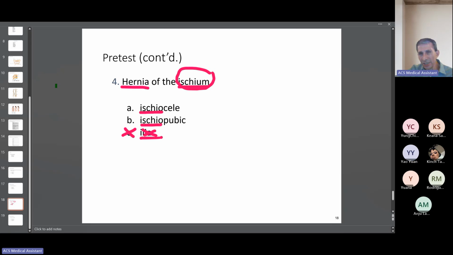But now I said ilium pubic. You know that this is a bone, the pubic bone, the ilium bone, because we already discussed those. So this is not the right answer. Ilioceal means hernia. Ceal means hernia. Ilium means the bone in the hip. So this is the bone that is herniated.